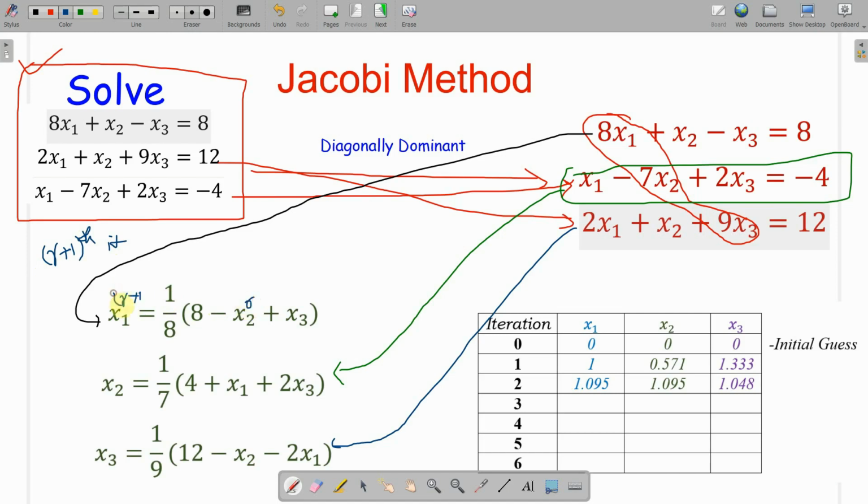You will have x2 and x3, always put a bracket with the iteration index, x3 of r.